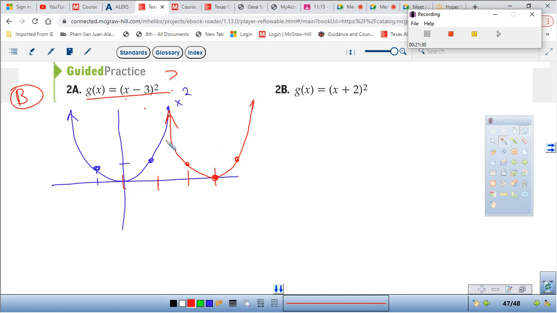Same width. Okay? Just 3 to the right. So x minus 3 squared. So the answer for this one is going to be translated 3 units to the right.